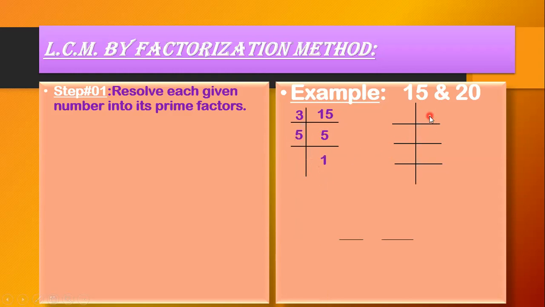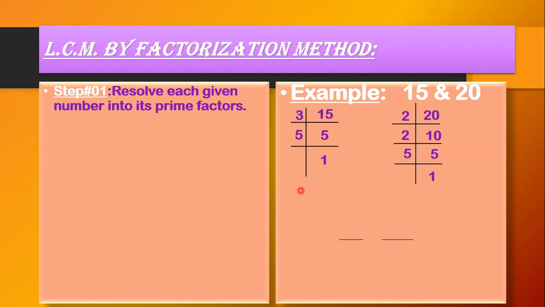Okay, then we will take here 20. 2 times 10 is 20, then 2 times 5 is 10, then 5 one time 5. So actually, the prime factors of 15 are 3 and 5, and prime factors of 20 are 2 multiplied by 2 multiplied by 5. So what is the next step?